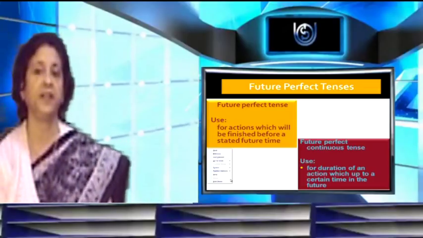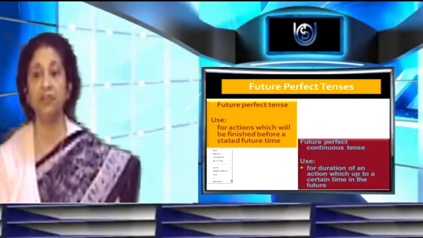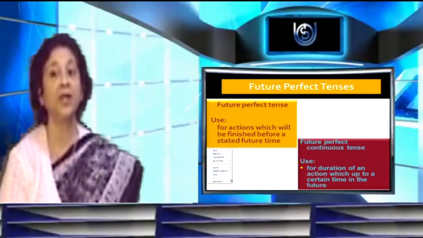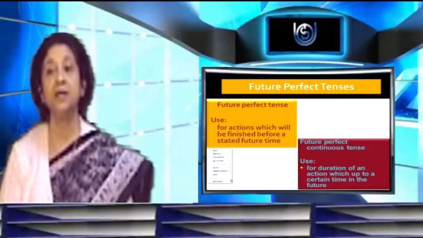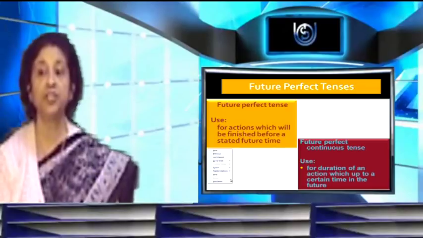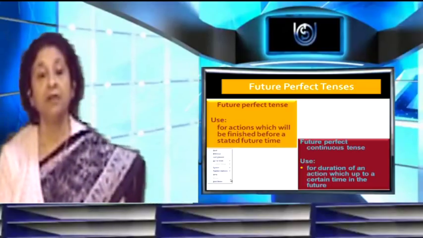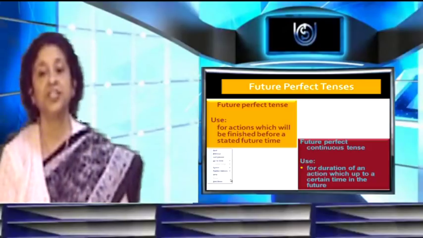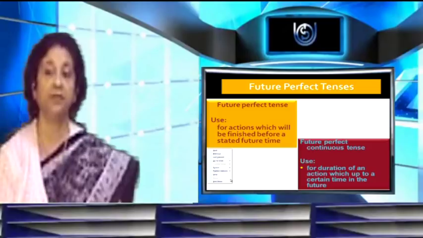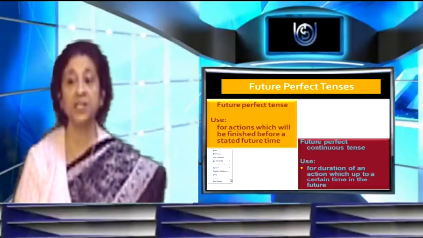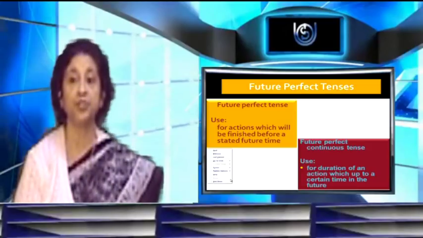Now future perfect tense. Future perfect tense is for actions which will be finished before a stated future time. That is future perfect tense. Will have, shall have, will have been, shall have been is used in future perfect tense. Use is for duration of an action up to a certain time in the future.